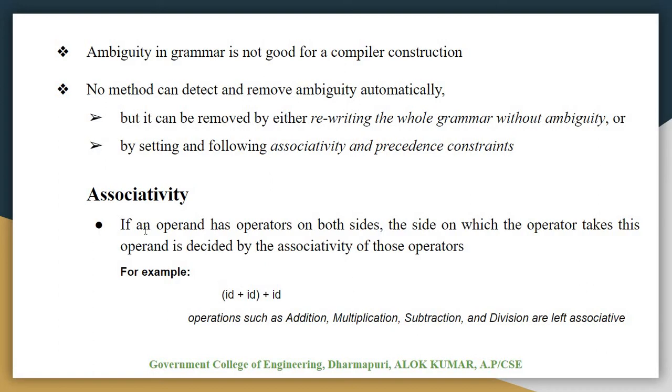In this example, if an operand has operators on both sides, you can see this ID has operators on both sides, plus on this side and this side. Based on this we have to decide which side to take. Since addition is left associative, we will first find the sum of ID plus ID.